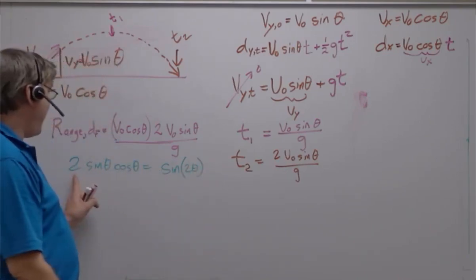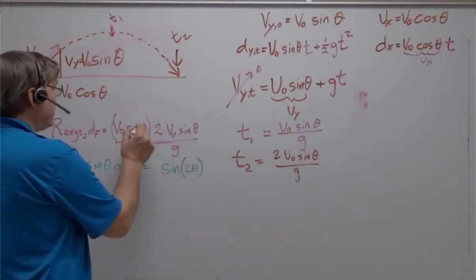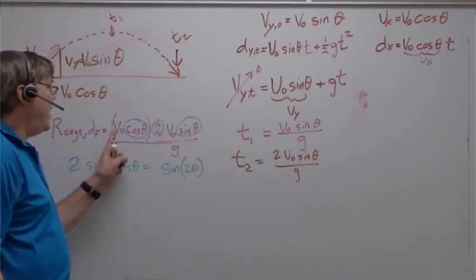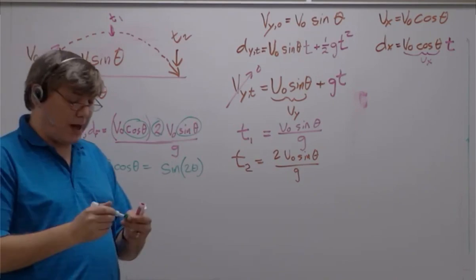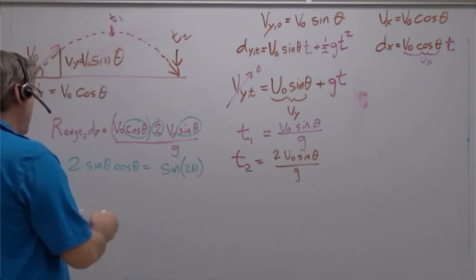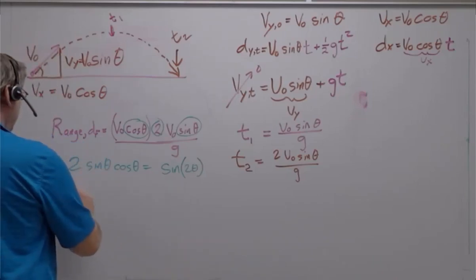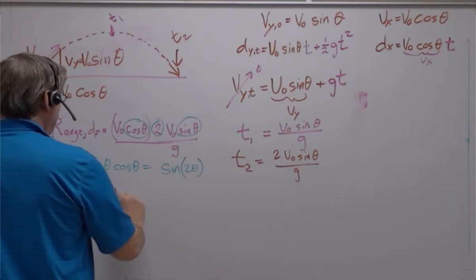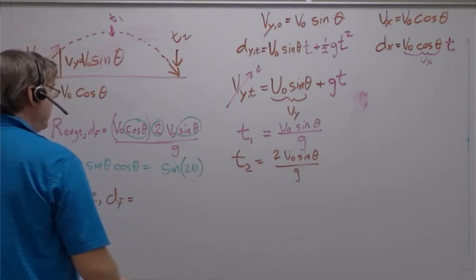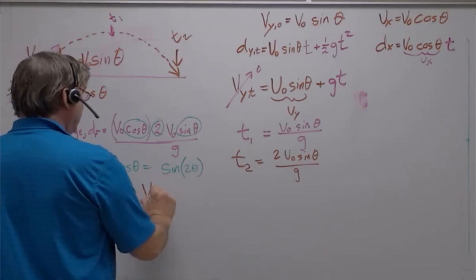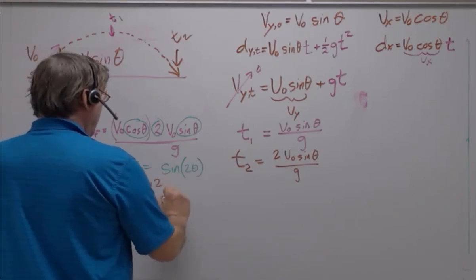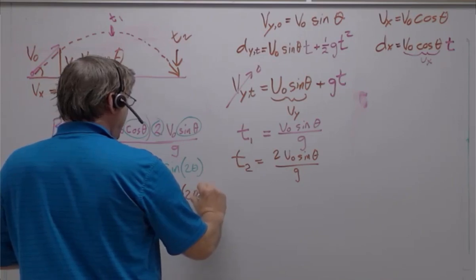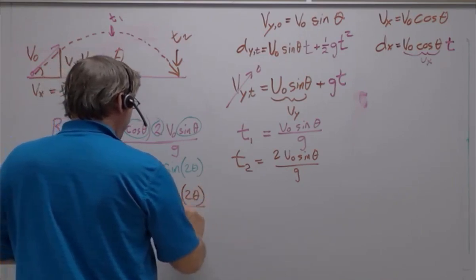Now, do I have a 2, a sine, and a cosine? I sure do. Here's a cosine, here's a 2, and here's a sine, and I have 2 v naughts. So I can combine these two terms, and I end up with my range, otherwise known as d final, is equal to v naught squared times the sine of 2 times the angle, all divided by g.